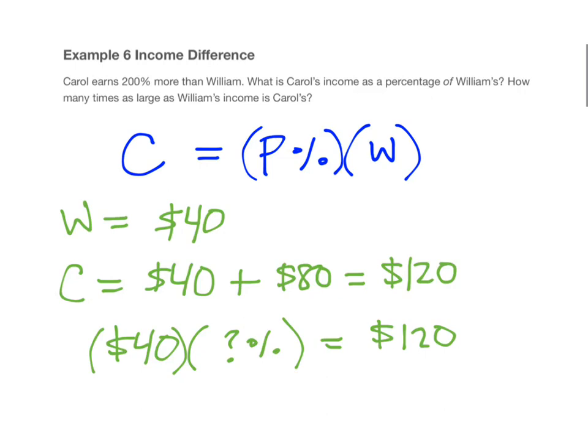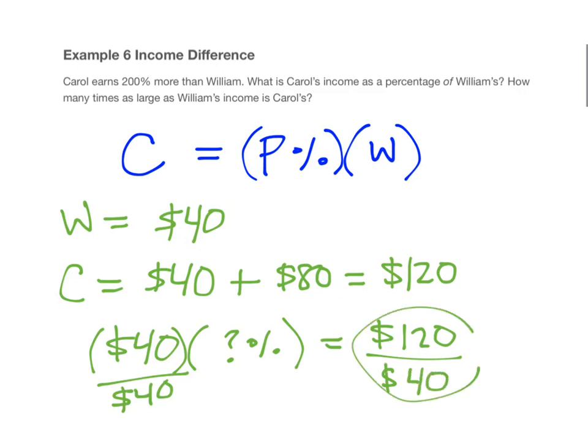And if you didn't know this initially, you might be able to guess in this case, but what you could do is divide both sides of the equation by $40, and that would help you find the missing percent. So that would be 120 divided by 40, which would be 3, right? And that's 300%.